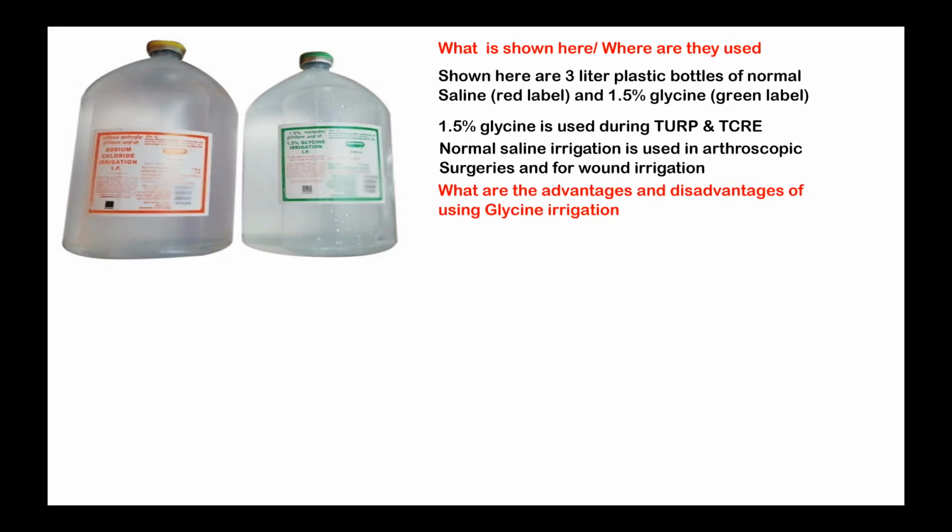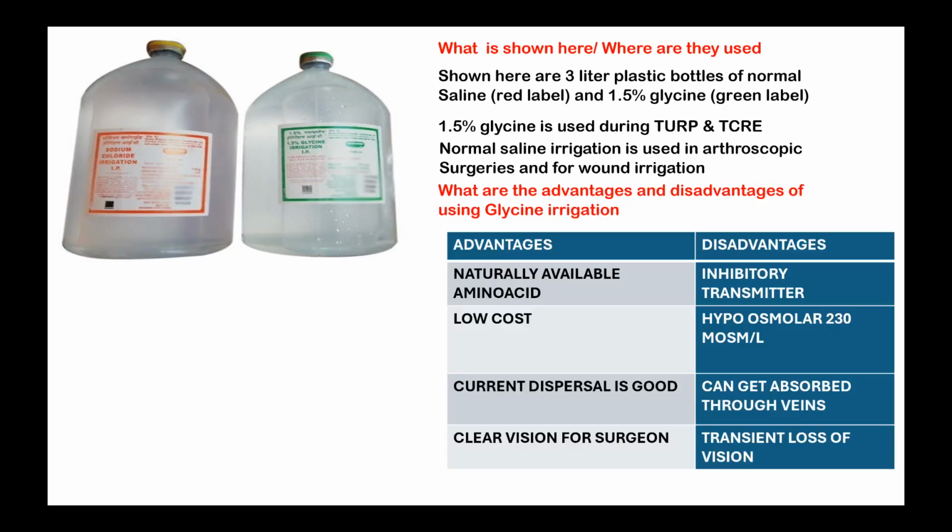The patient's conscious level will be affected, sir, due to the conversion into ammonia. Advantage, it can be used with monopolar electrocautery because it is non-conducting, sir. It is a naturally available amino acid, low cost, clear vision for the surgeon. These are all the advantages of 1.5% glycine.